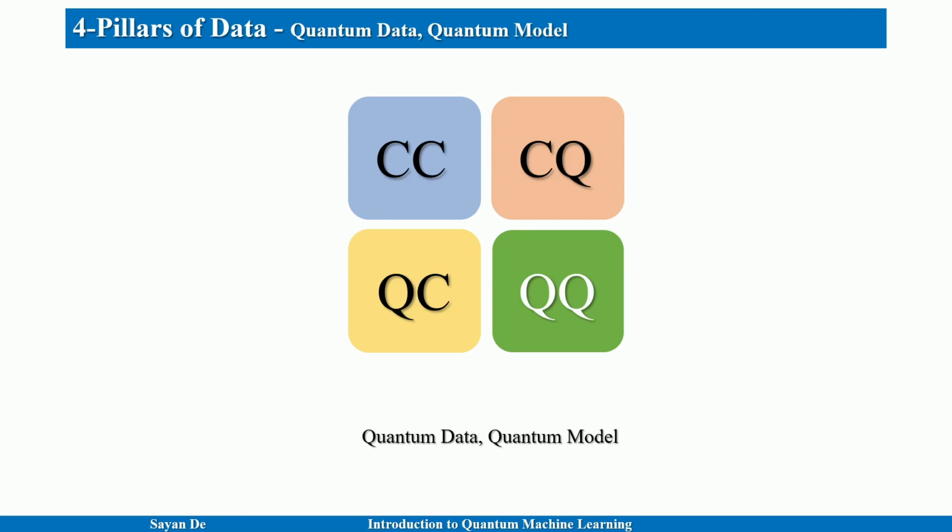Basically you'll have quantum data, and that data can be processed using a quantum computer. So quantum data and the quantum computer, this is the ultimate one. But due to some hardware limitations, we only have the CC, that is classical to classical. We also have some CQ, that is classical to quantum. Researchers are also trying some work on quantum data and classical model, but this QQ, that is quantum data and quantum model, will be in the upcoming future and we are eagerly waiting for that one.